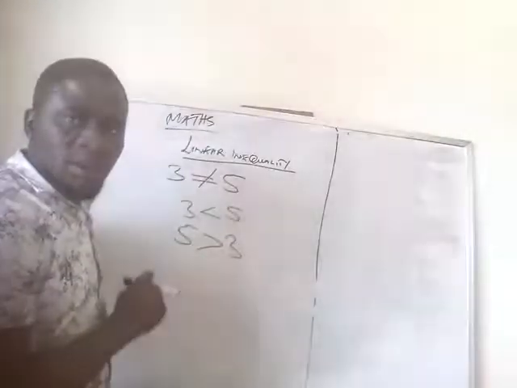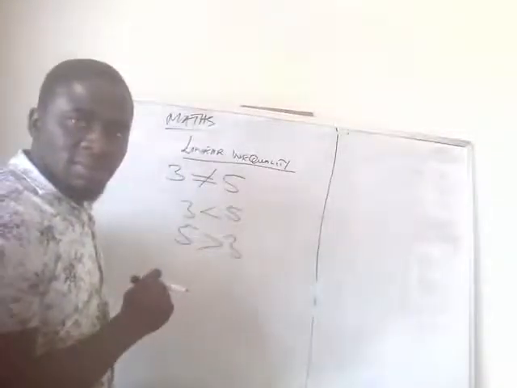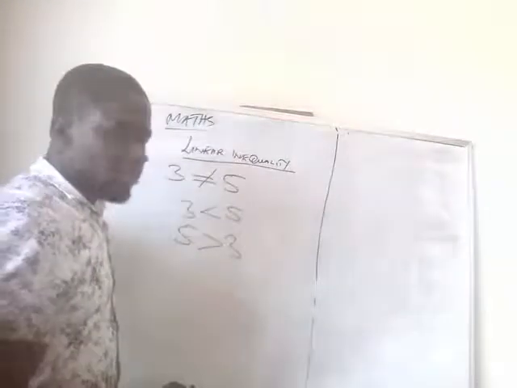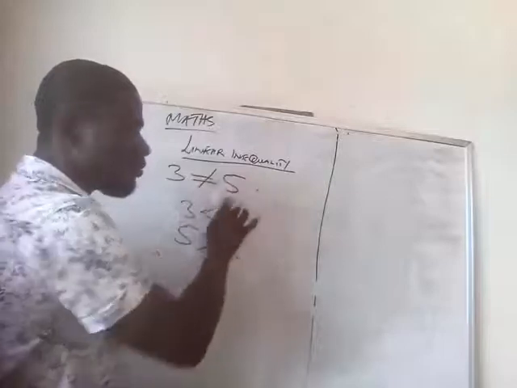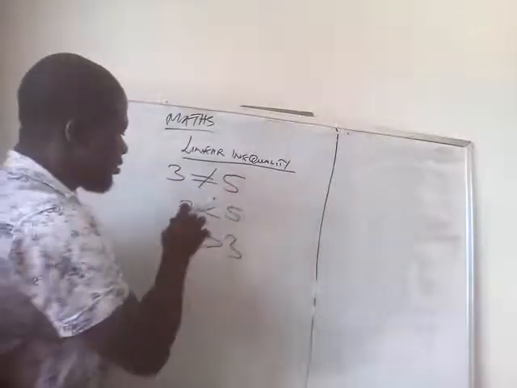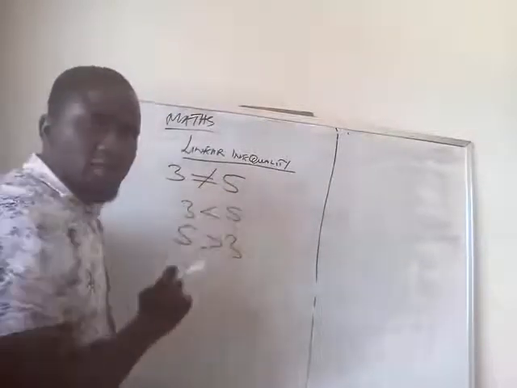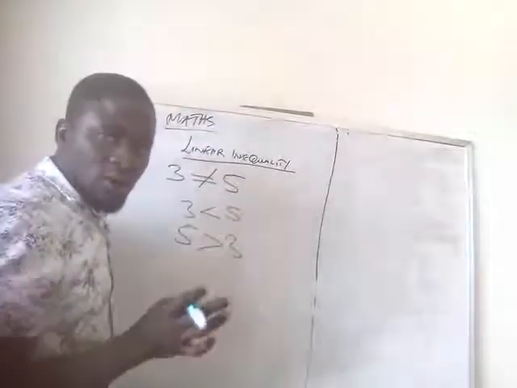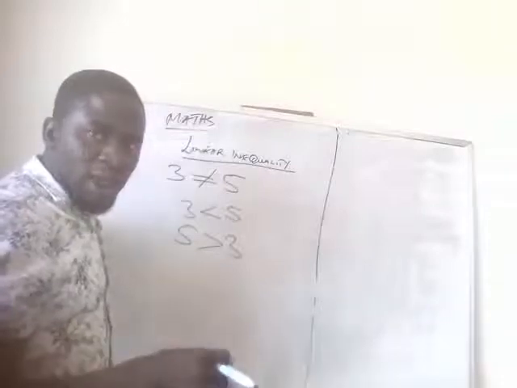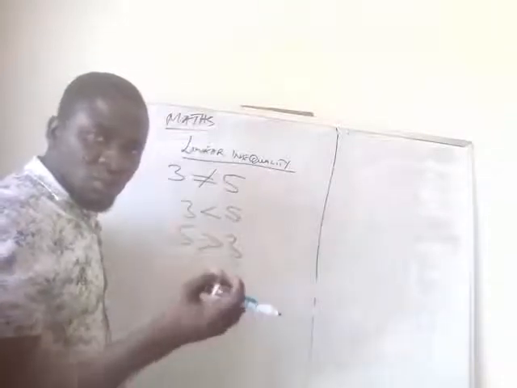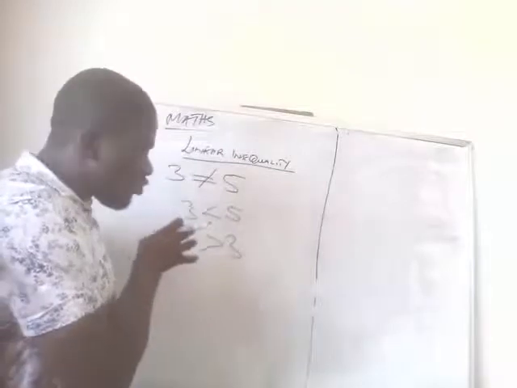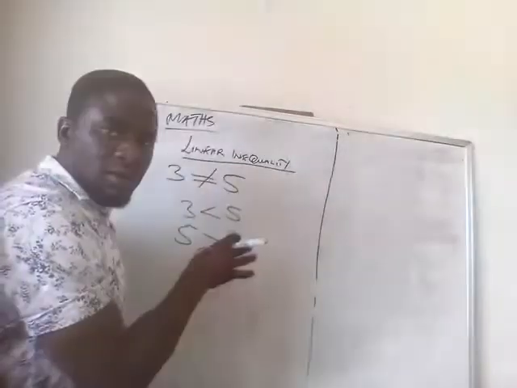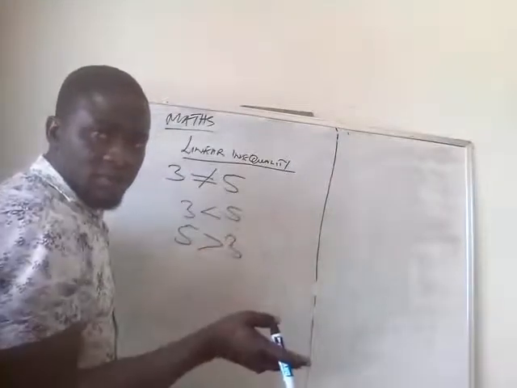These are all inequalities, and they are best written like this. 3 is not equal to 5, you are correct. 3 is less than 5, you are correct. 5 is greater than 3, you are also correct. So any way you choose to write it in this order is correct.